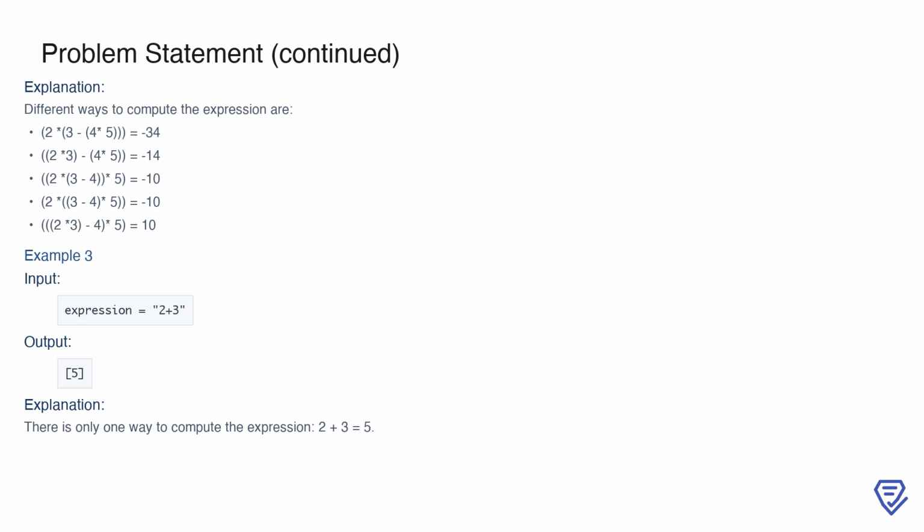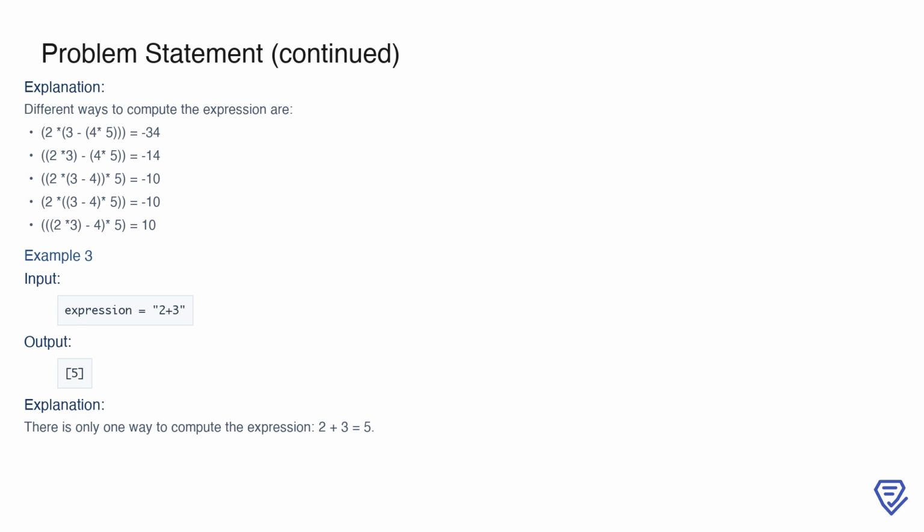2*3-4*5. One possible grouping is 2 times (3 minus (4 times 5)), which evaluates to -34. Another grouping, (2 times 3) minus (4 times 5), results in -14.